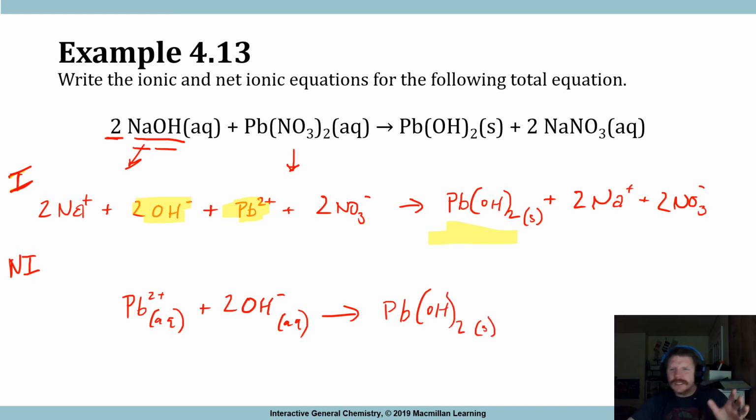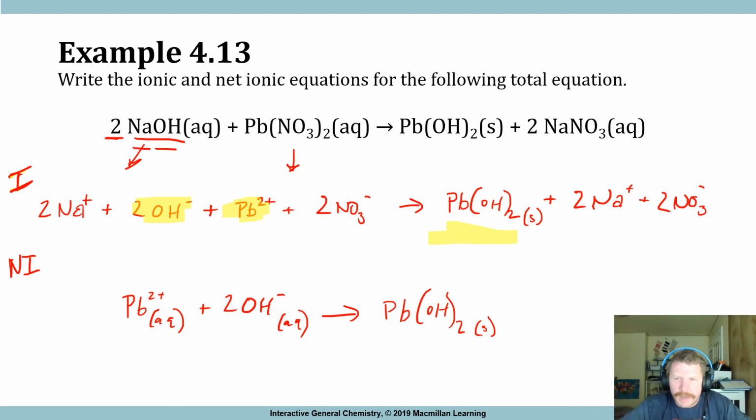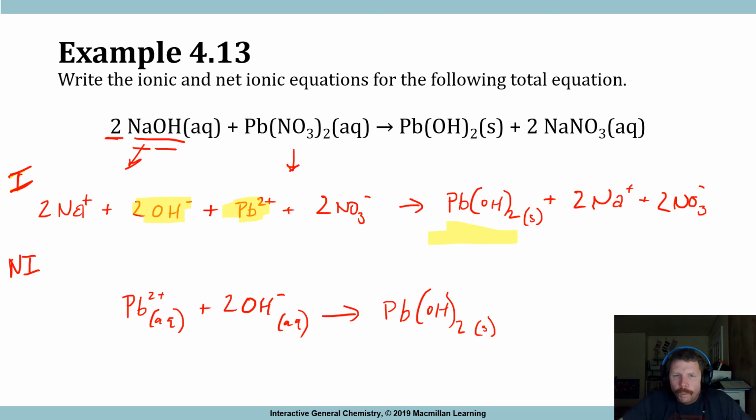Okay, so that's everything that I need to do. That's my net ionic and my ionic equation. And one thing that is worth noting is, ask yourself, is my net ionic equation balanced? It absolutely is. I have 2 OH here. I've got a 2 as a subscript outside of my parentheses for my lead hydroxide.